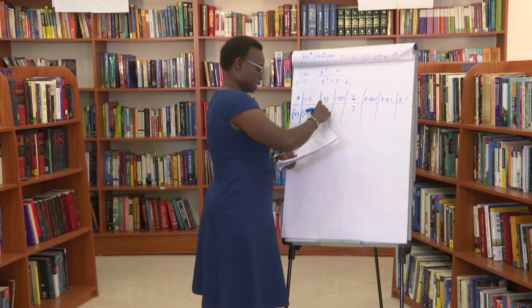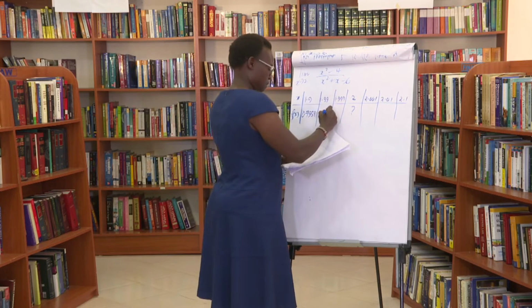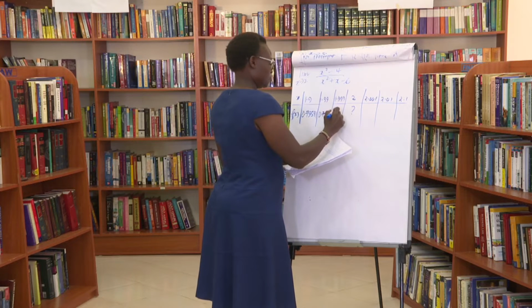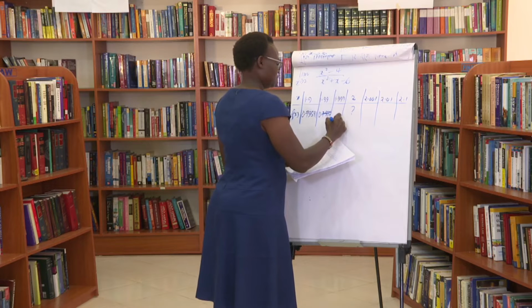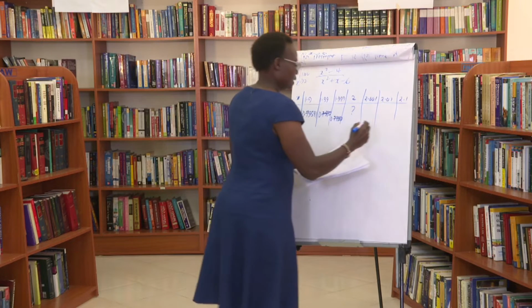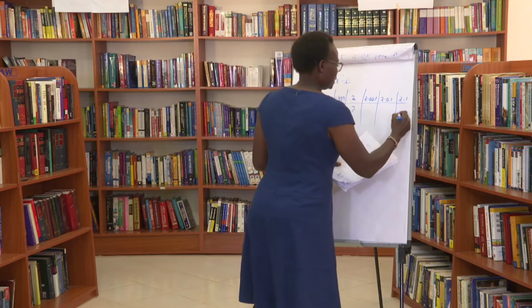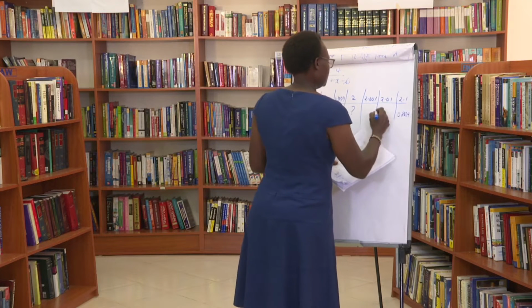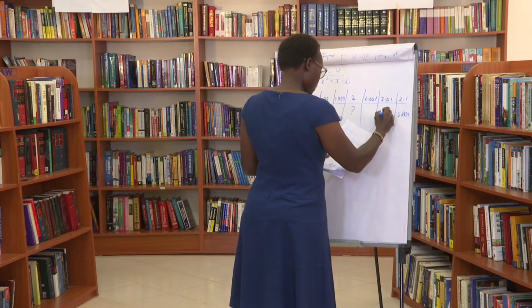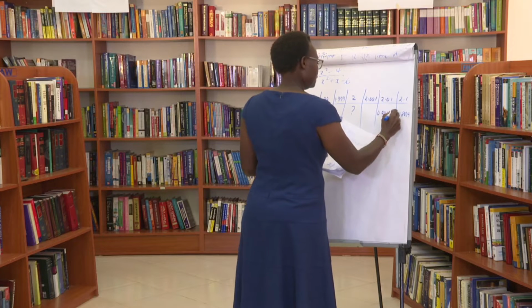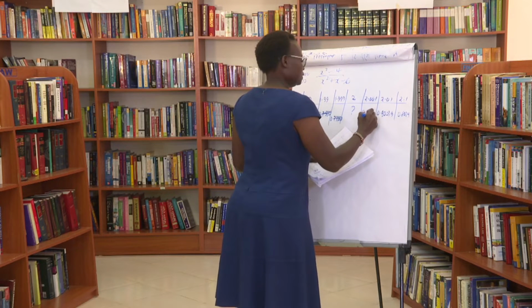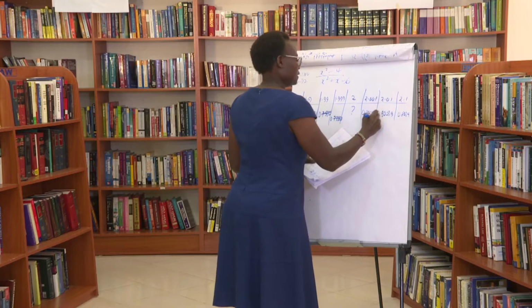Then at 1.99, it will give us 0.799959. And then from this other side, we have 0.8039, then 0.800399, then 0.800039.